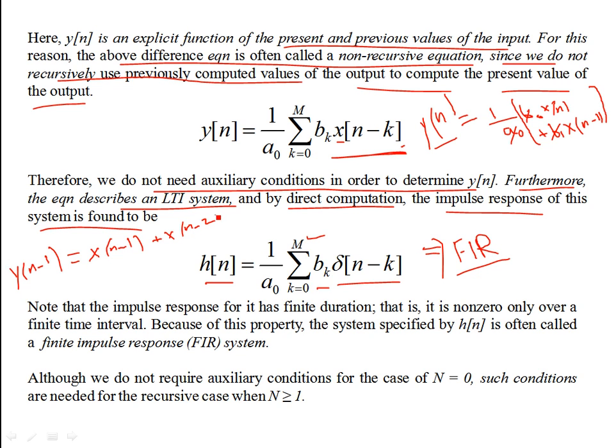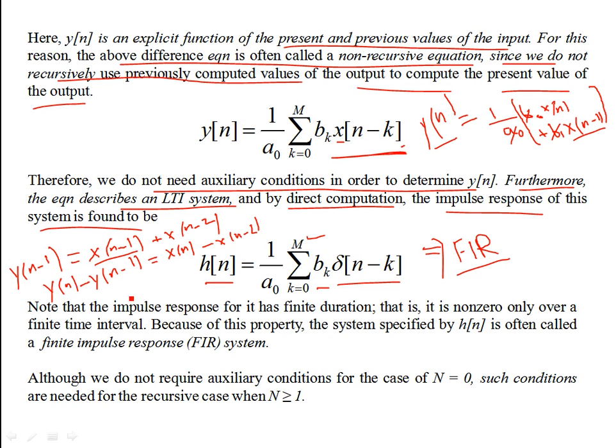And if I try to relate the present output to the past output, then the difference, y of n minus y of n minus 1, will be x of n, and the x of n minus 1 terms cancel, and you're left with x of n minus 2.